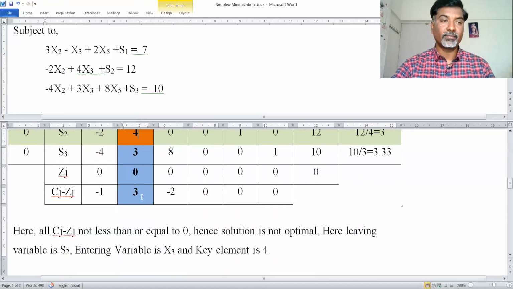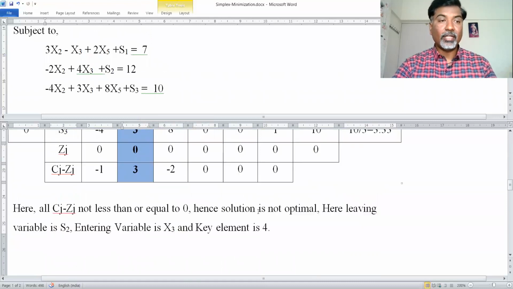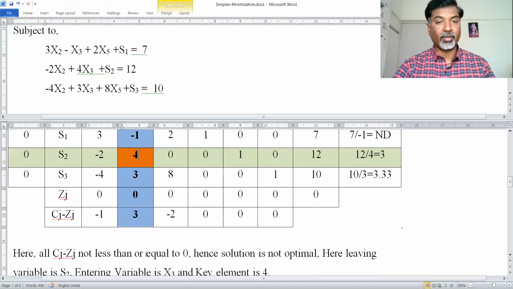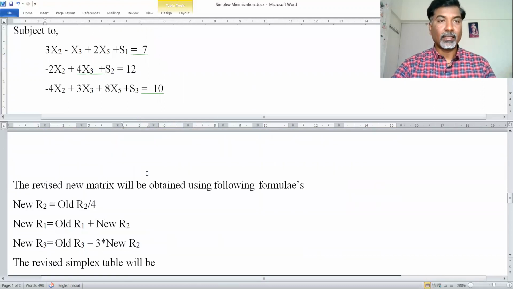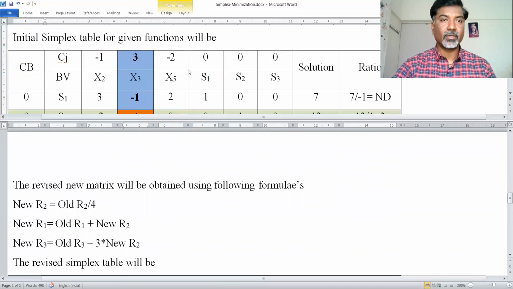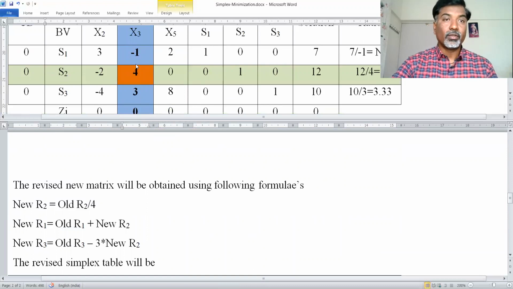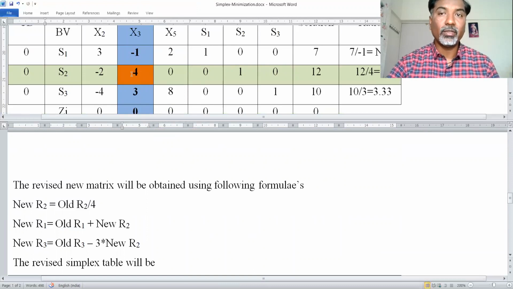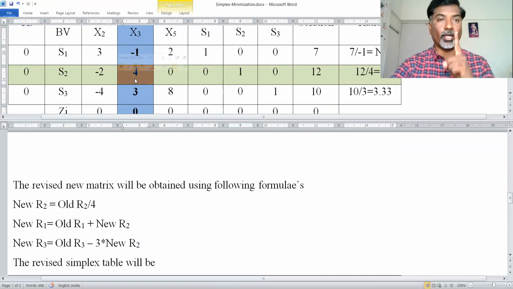Okay, now see here the leaving variable is S2 and the entering variable is x3 and the key element is 4. Getting? Now how to solve this? The rule is that we have to do such operations that the value of the key cell should be 1.